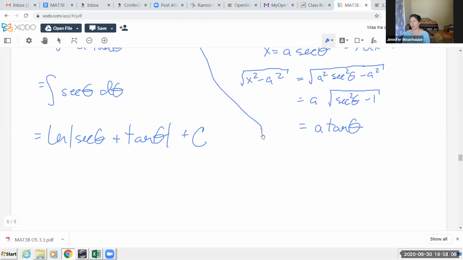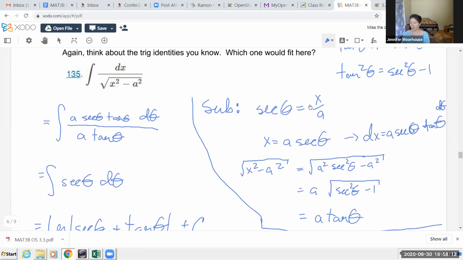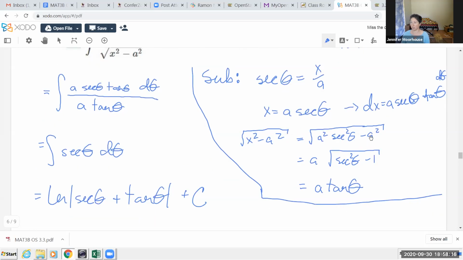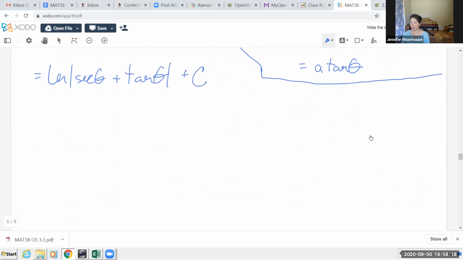Then we reverse the substitution. So secant theta is x over a, but then we have to think about the tan theta. So if secant theta is x over a, again, I think about my triangle. Here's theta.